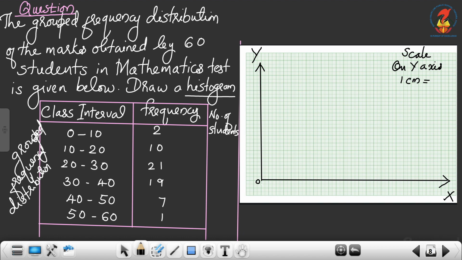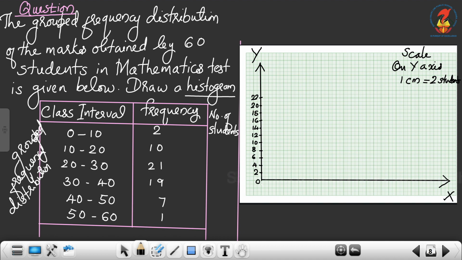Then this 1 unit or 1 centimeter we can take as 2 students. So the scale on the y axis: 1 centimeter is equal to 2 students. Then here 2, 4, 6, 8, 10, 12, 14, 16, 18, 20, 22.